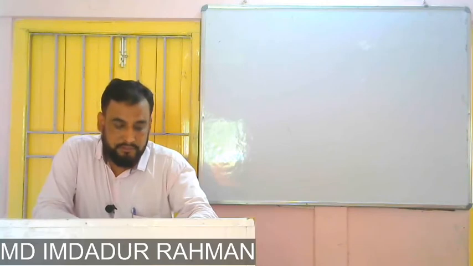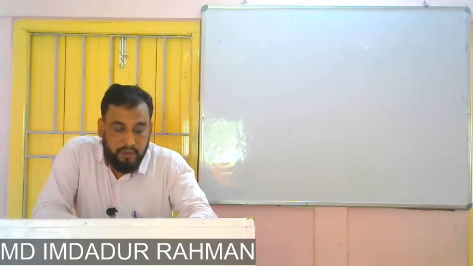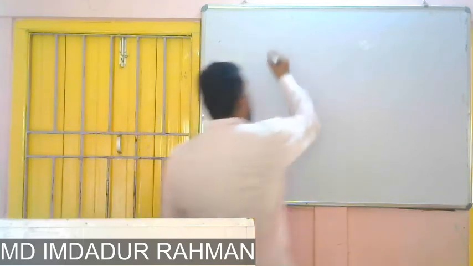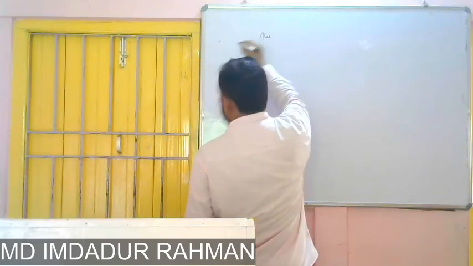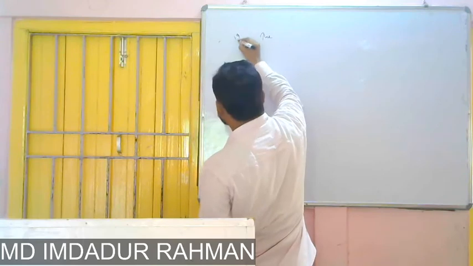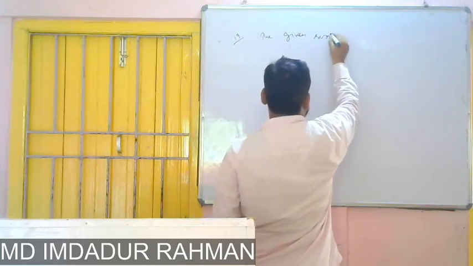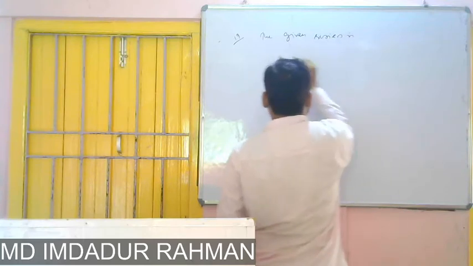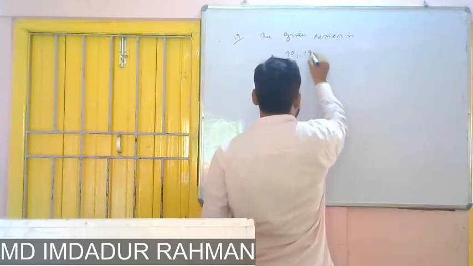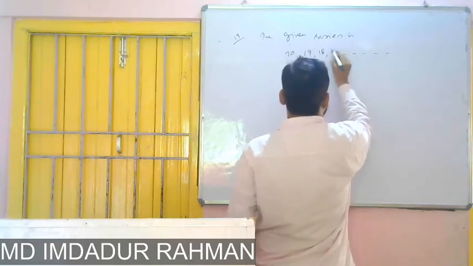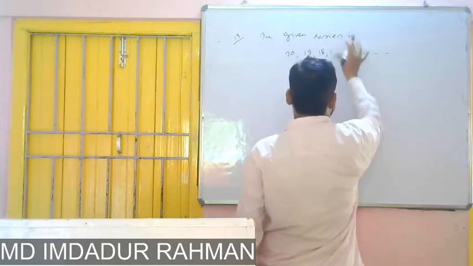This is your question. If you make a series of this question, you will get the given series for question number 19. The given series is 20, 19, 18, 17, and so on.